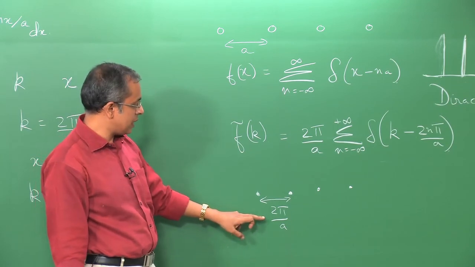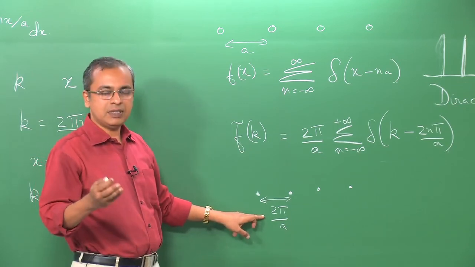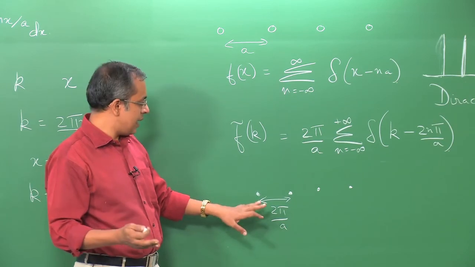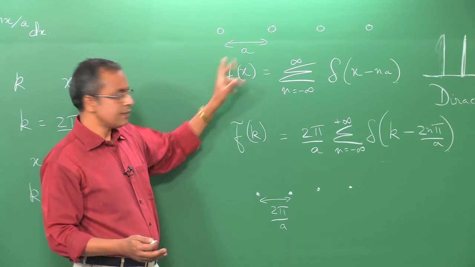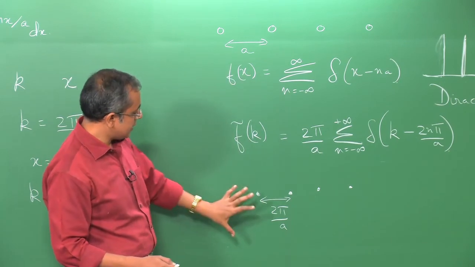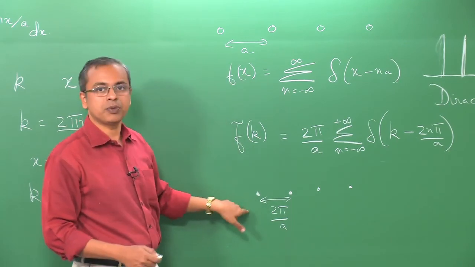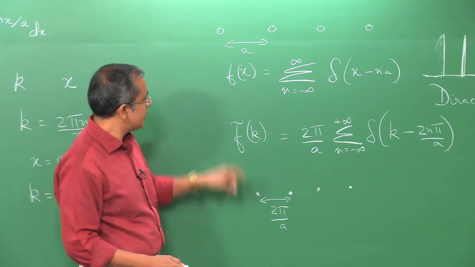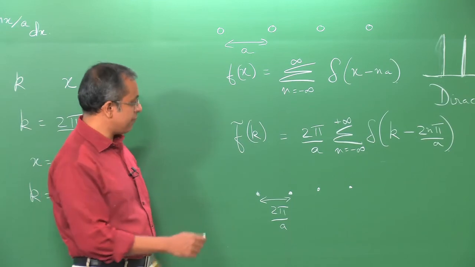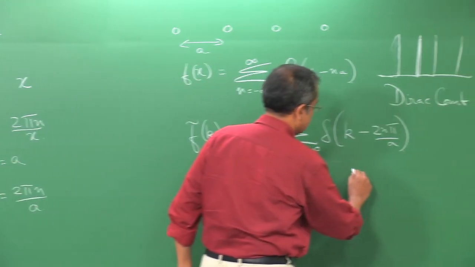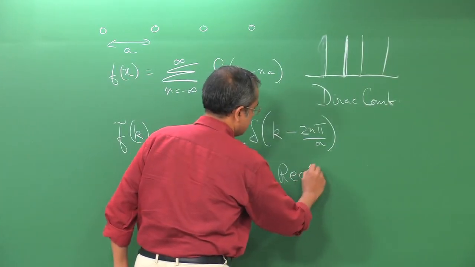And as you can see, this is the form that we have seen through our earlier classes as the reciprocal spacing of this spacing here. So, therefore, this is basically reciprocal space. We have seen here that we take the real space, do the Fourier transform, and arrive at the reciprocal space.